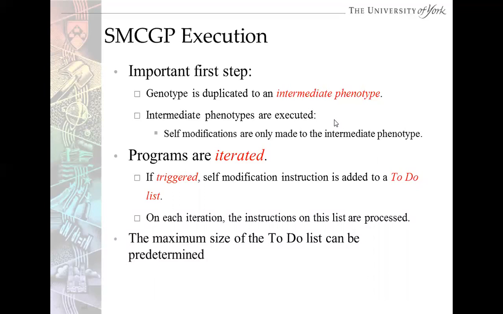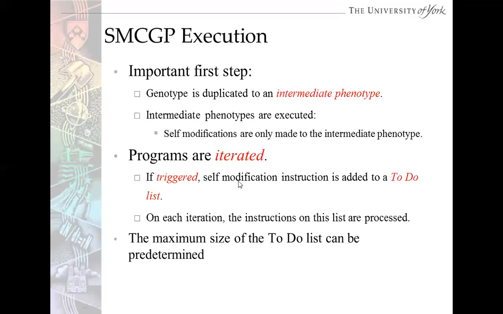You feed in inputs and look at the outputs and see if it solves your problem. Then after that, you'd apply some more self-modifying operations, get a new graph, and check whether that new graph works well on a different problem. So programs are iterated, and you get a whole sequence of these intermediate phenotypes, each of which may solve a different problem.